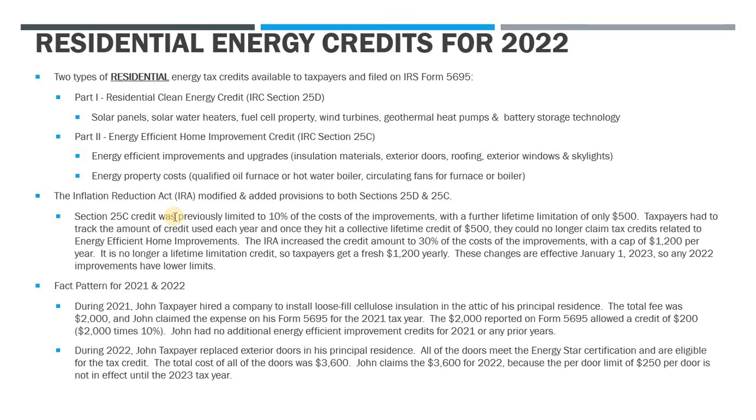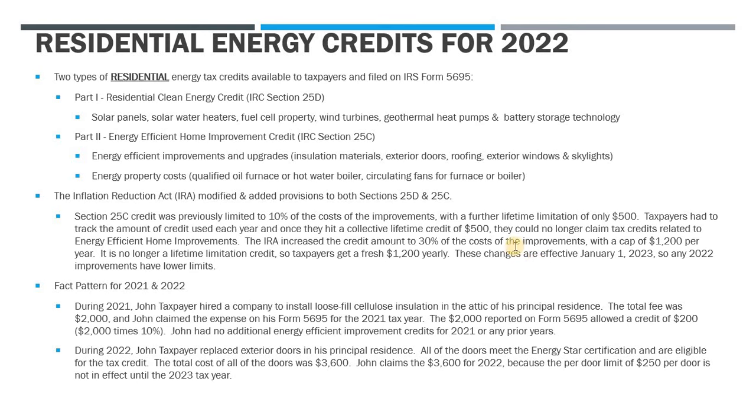What's unique about 2022 is even though there are all these changes that go into effect for 2023 and going forward, the 2022 credit, which is what we're going to look at here, keeps the old rules. So for example, the 25C credit is limited to 10% of the cost of the improvements, and there's a lifetime limitation of $500. That applies for 2022, but in 2023 going forward it changes.